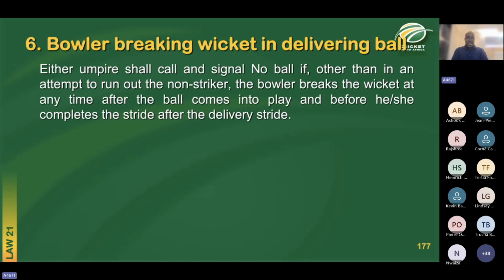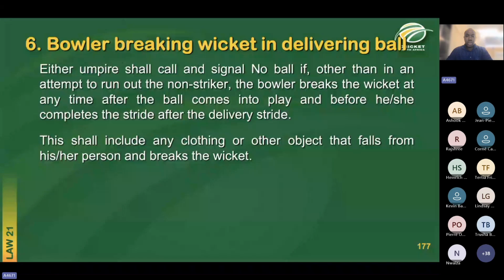This can be the bowler's hand, it can be his or her arm, it can be any part of their body, it can even be a towel that is tucked at the back of their pants. If it flies out and hits the stumps and the bails are removed while the bowler is in his or her bowling action, then we will call and signal no ball.